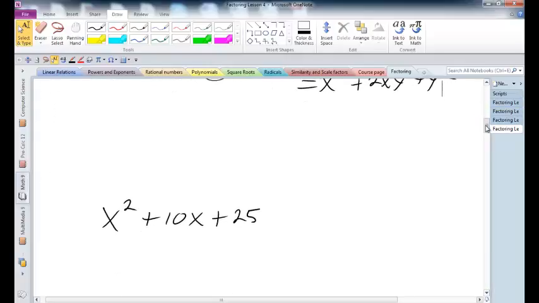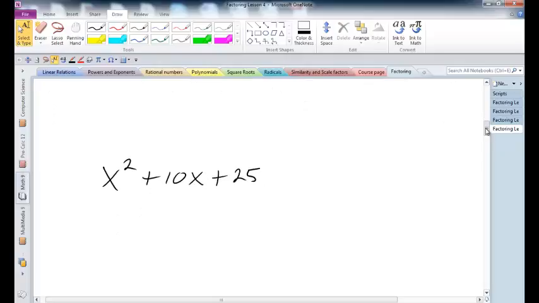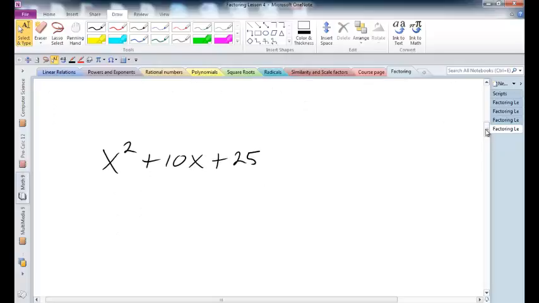Let's start with one like this, x squared plus 10x plus 25. If you can see, you have a perfect square both as your leading term and as your constant. Then you can check to see it follows the pattern x squared plus 2xy plus y squared.